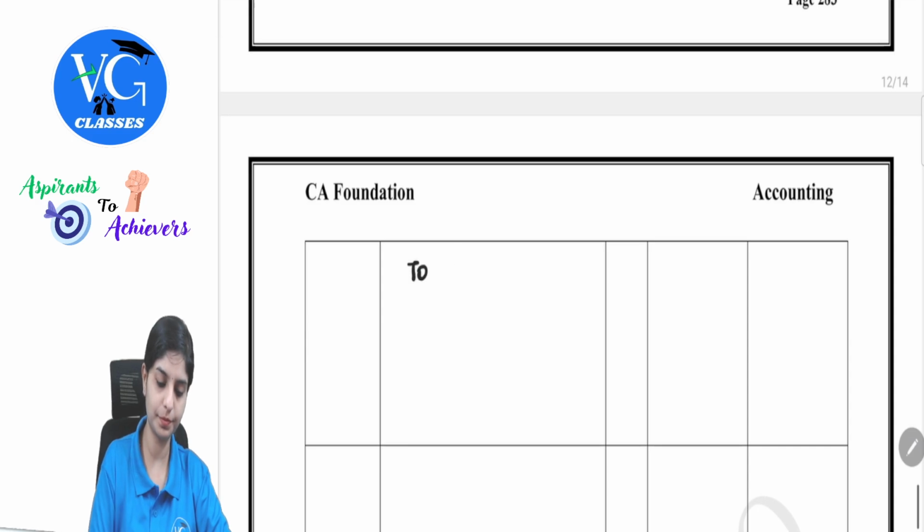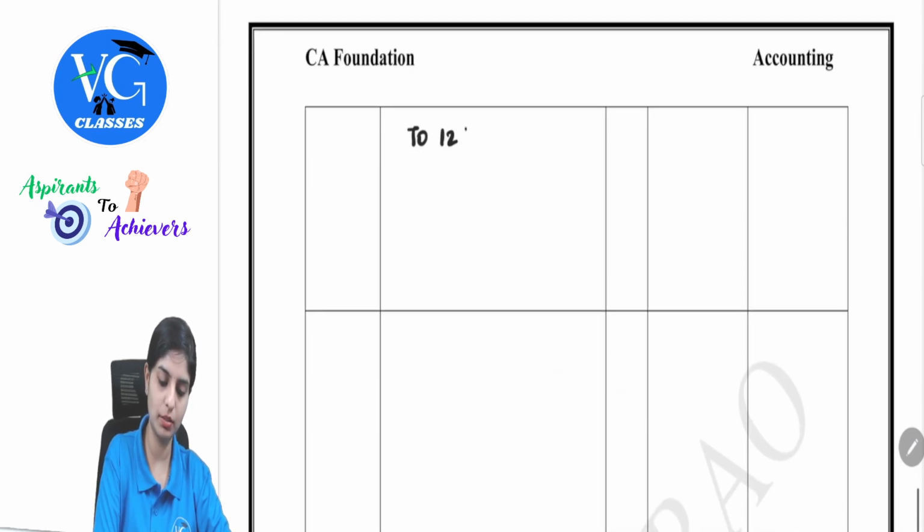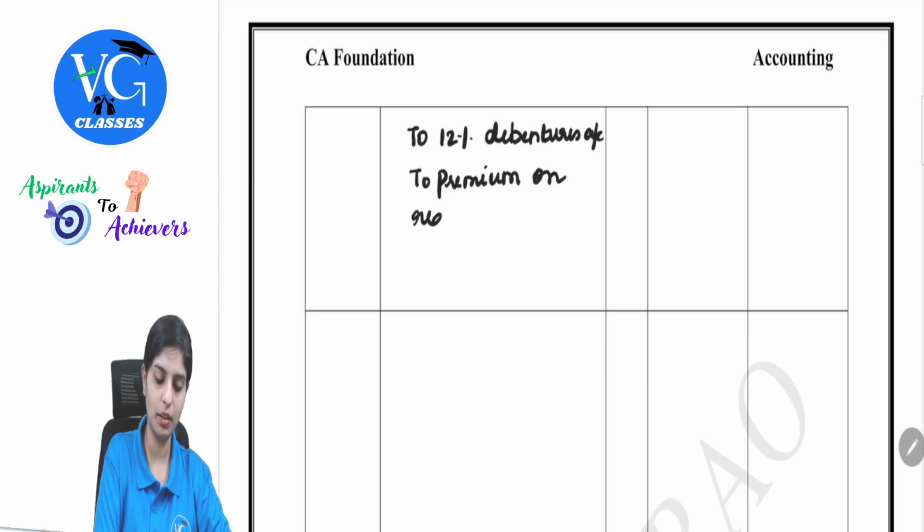To 12% debentures. To premium on redemption of debentures.